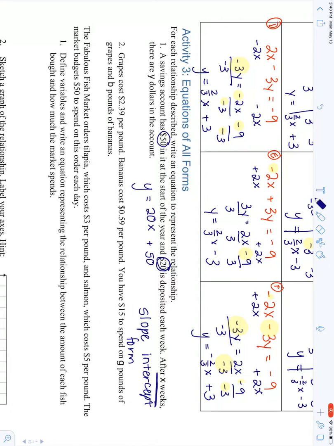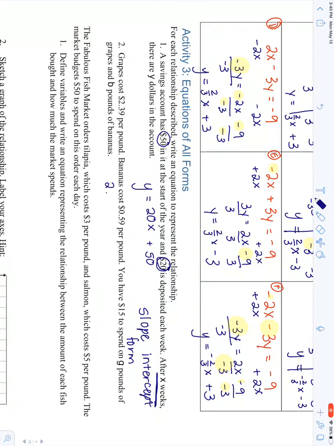For number 2, grapes cost $2.39 per pound. Bananas cost 59 cents per pound. We have $15 to spend on g pounds of grapes and b pounds of bananas. Well, for each pound of banana and grape that I buy, I have to multiply it by how much it costs. And that added up needs to equal 15.